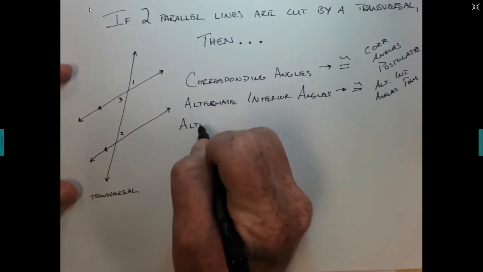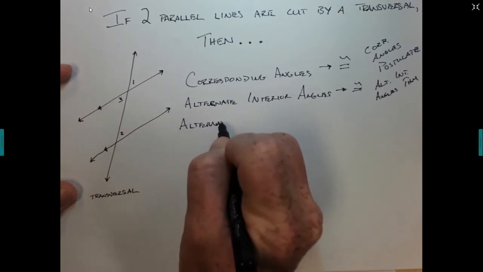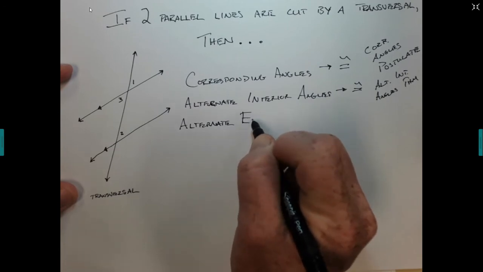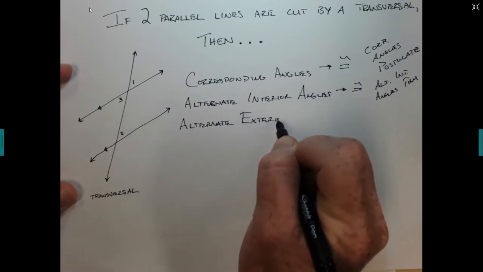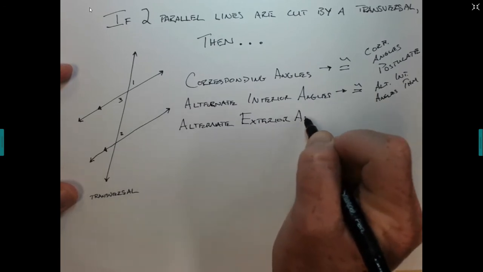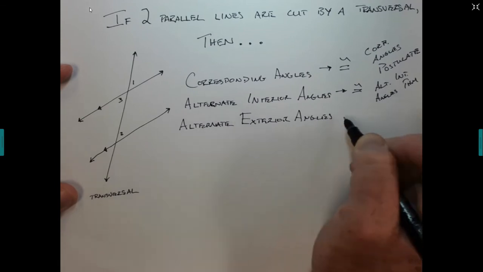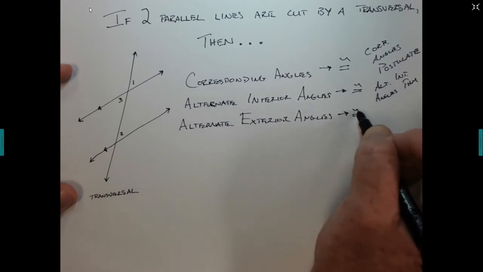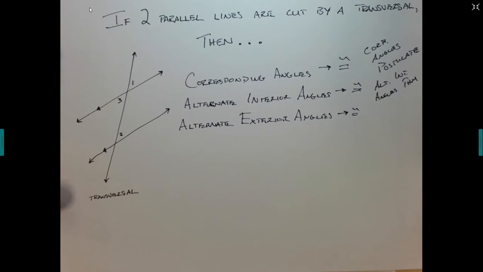We would also know that the alternate exterior angles were going to be congruent. And as you probably are surmising now, it's called the alternate exterior angles theorem.